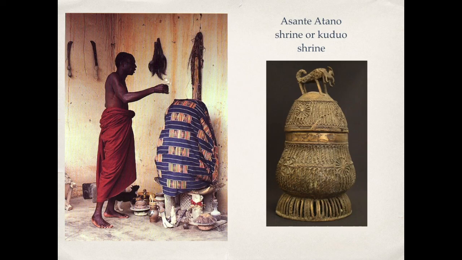We've also mentioned the Asante and their kente-wrapped shrines, the Atano Shrine, or Kudo Shrine. Here on the right, you can see the actual brass container that lies underneath what's wrapped in the kente cloth.